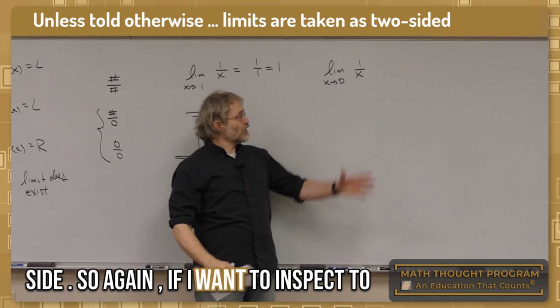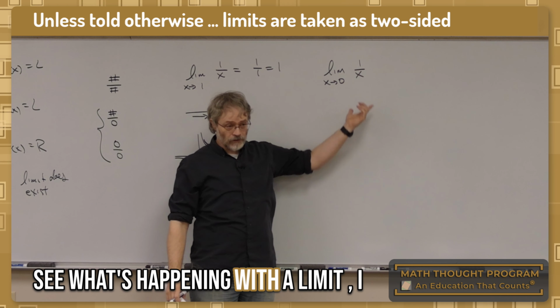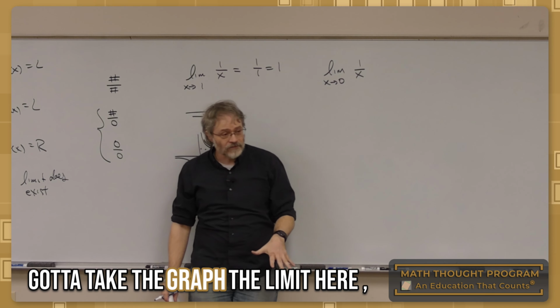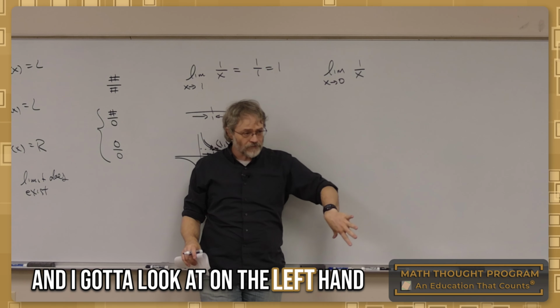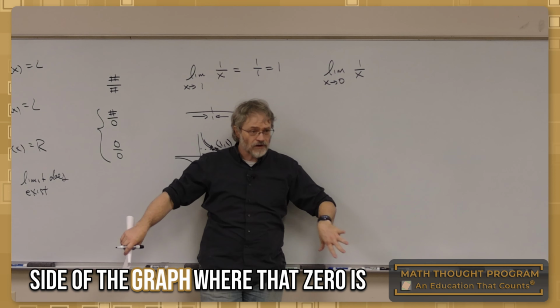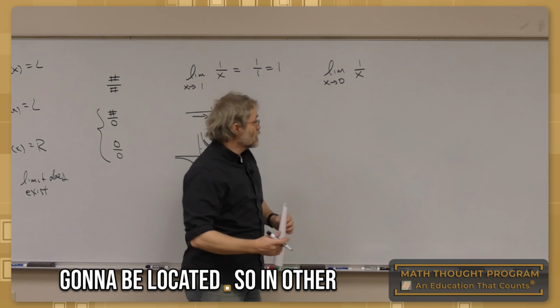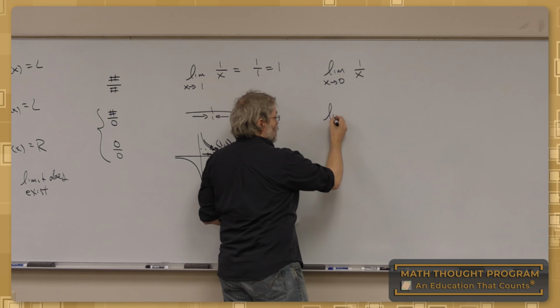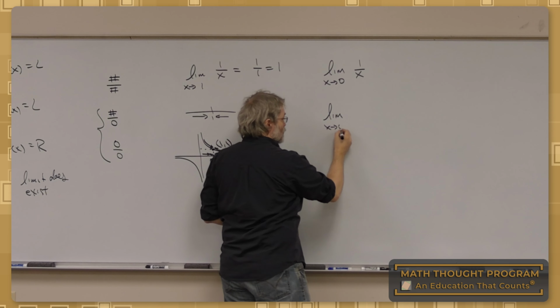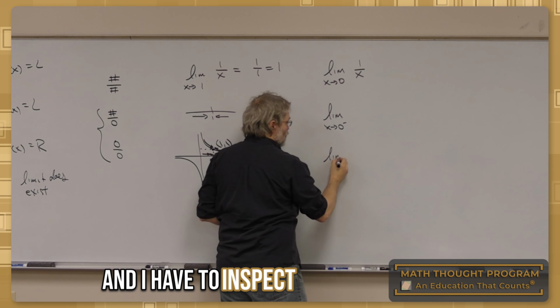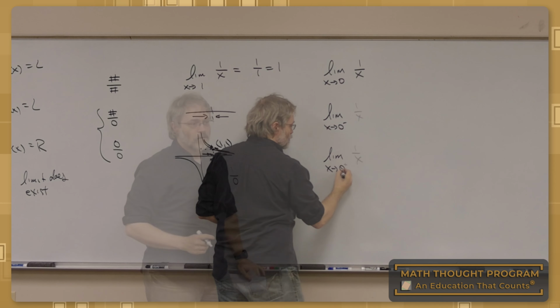So again, if I want to inspect to see what's happening with the limit, I got to look at it on the left-hand side of the graph or the right-hand side of the graph where that 0 is going to be located. So in other words, I do have to inspect the left-hand limit and I have to inspect the right-hand limit.